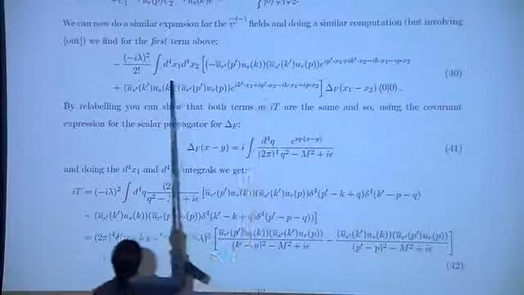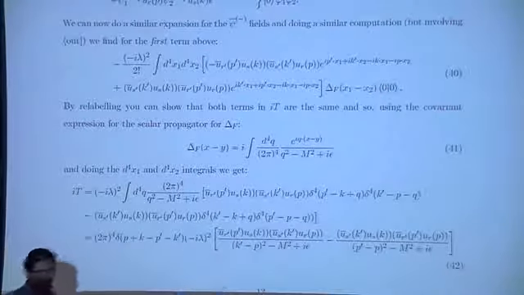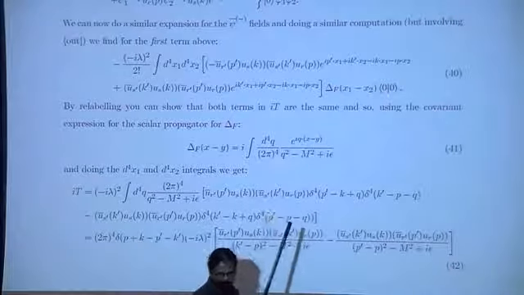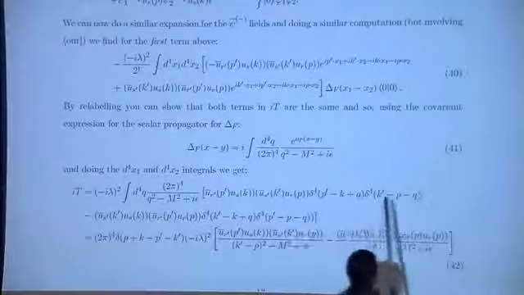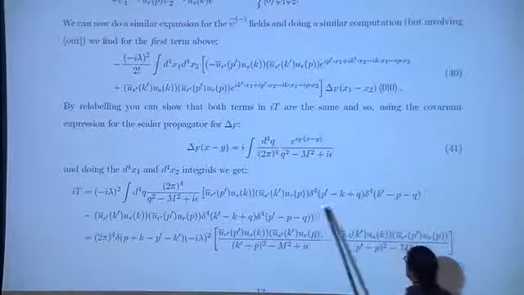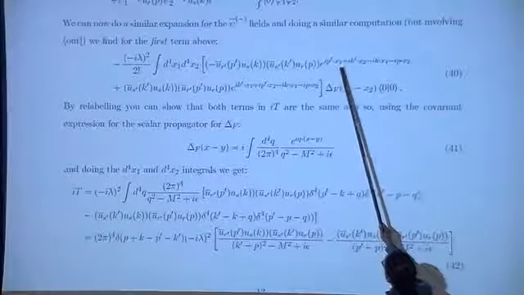And then when you do this integral, you should get a delta function with 3 momentum arguments, right? And then in the second term, you get another delta function. Sorry, yeah, you get 2 delta functions with 3 arguments.